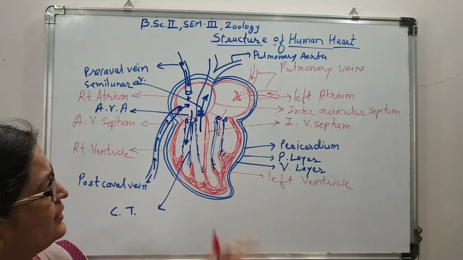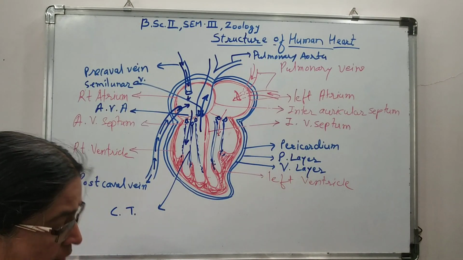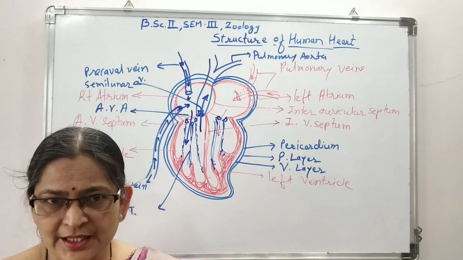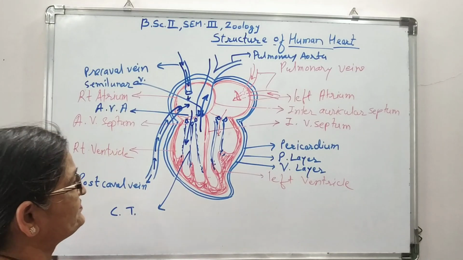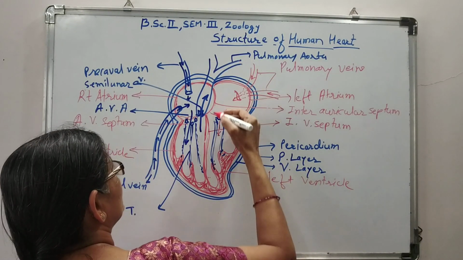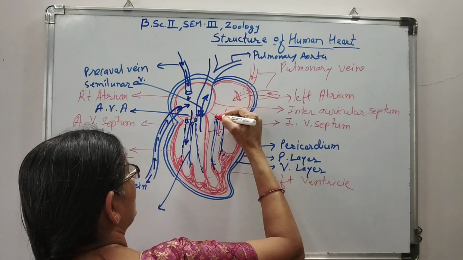Then see on the left side. On the left side there is again one important blood vessel. It arises from the left side.